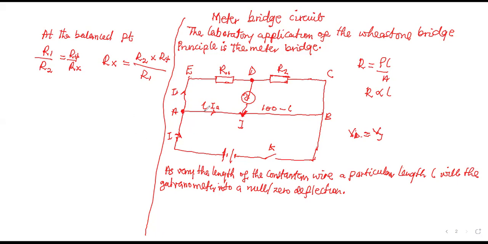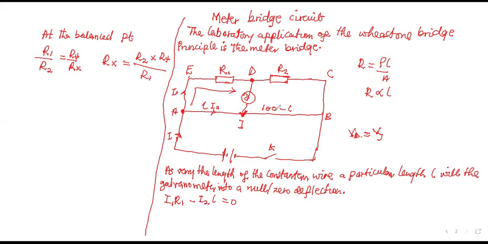So when you take the loop, if you take a clockwise loop, you have I1 times R1 minus I2 times L equal to 0. The same thing we got.